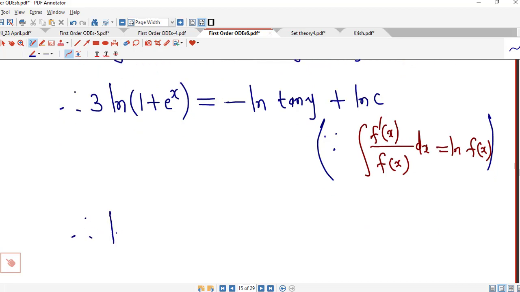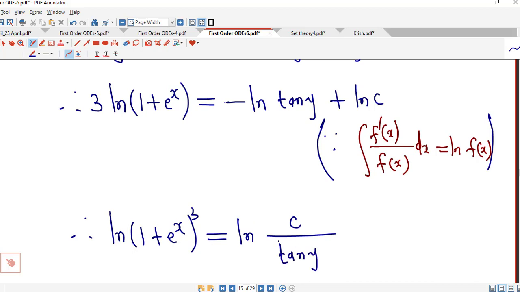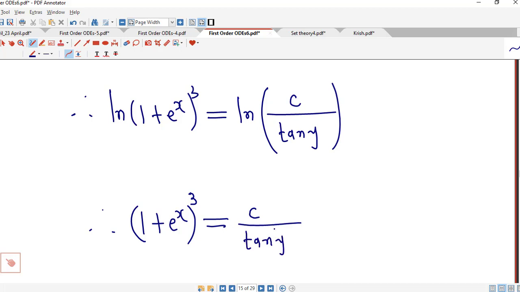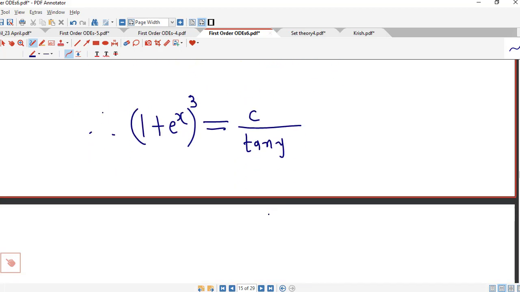Therefore logarithm of 1 plus e raised to x to the power 3, and this we can rewrite as logarithm of c over tan y using the properties of logarithm. And because logarithmic function is one-to-one, we have 1 plus e raised to x to the power 3 equal to c over tan y. So this is the general solution.